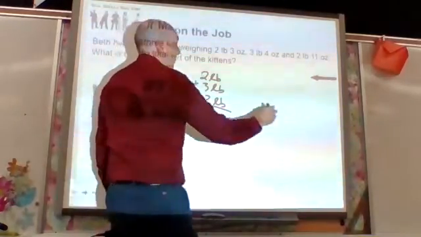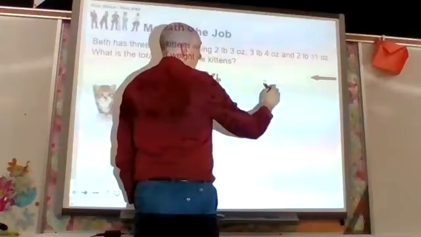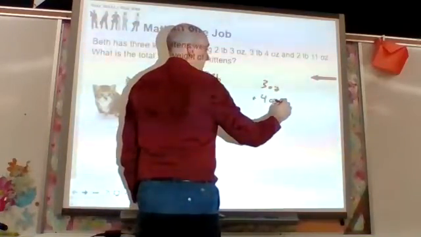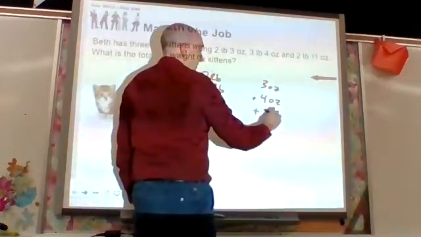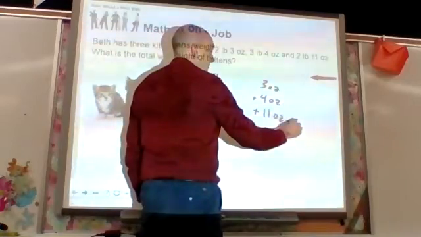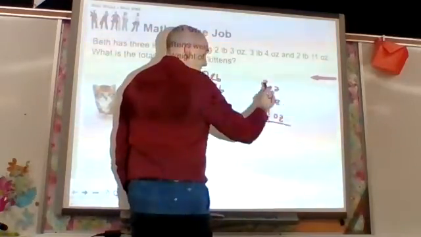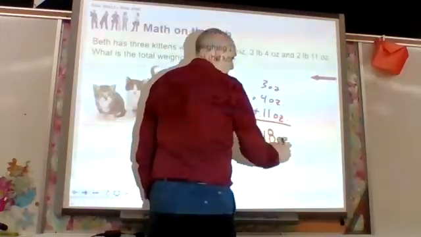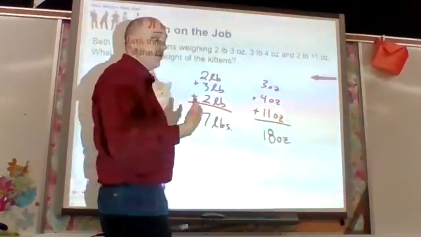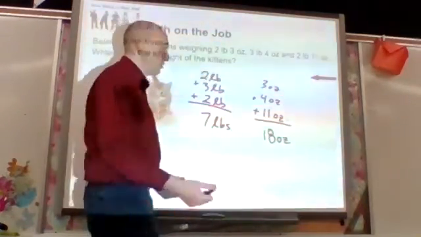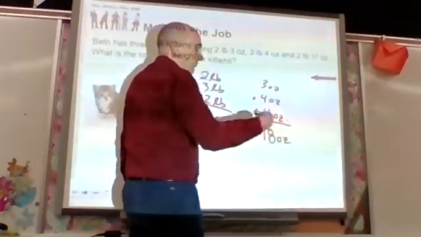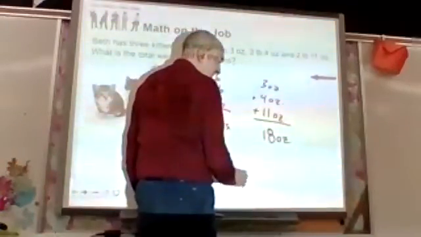Okay, in terms of our ounces, we got 3 ounces plus 4 ounces plus 11 ounces. And that is going to be 18 ounces. So remember, there are 16 ounces in a pound, so we can only go up to 16. If we've got 18 ounces, then we're going to want to subtract 16 ounces.